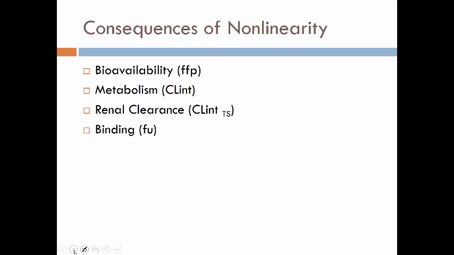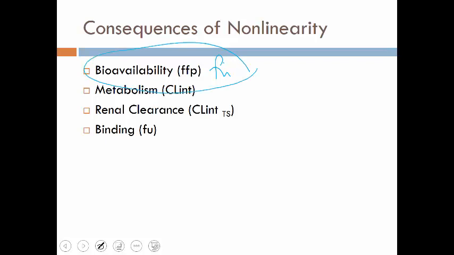Consequences of nonlinearity. If the bioavailability, which is probably going to be a change in FH, is changing, then obviously that's going to affect anything that's given orally or by a first pass route. So we can have nonlinearities in bioavailability.